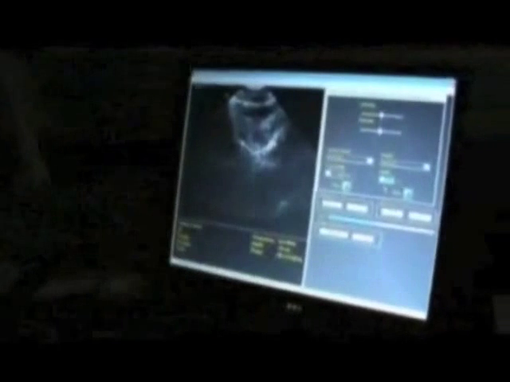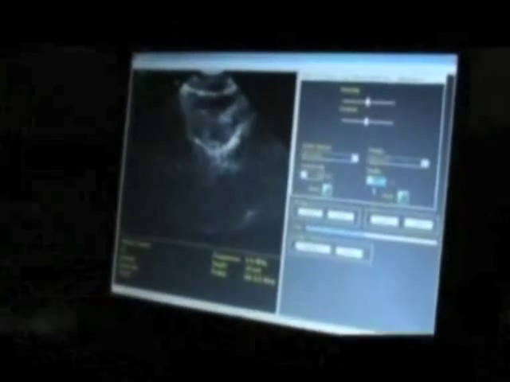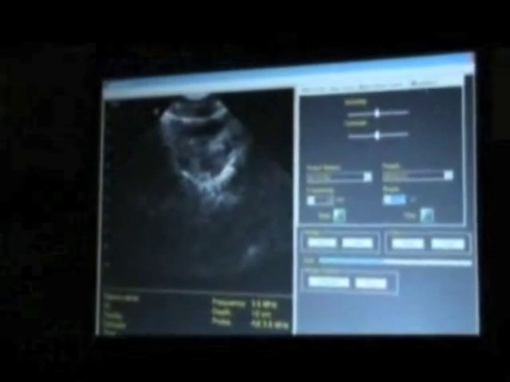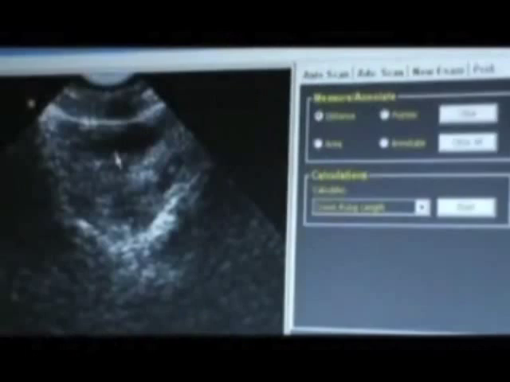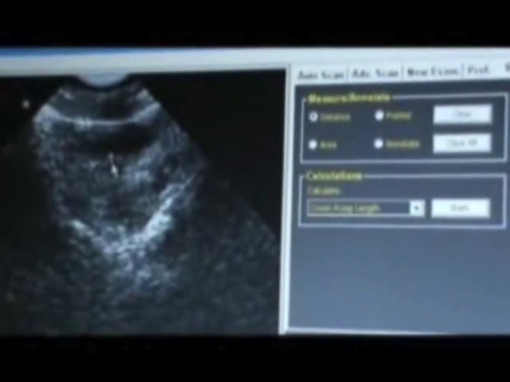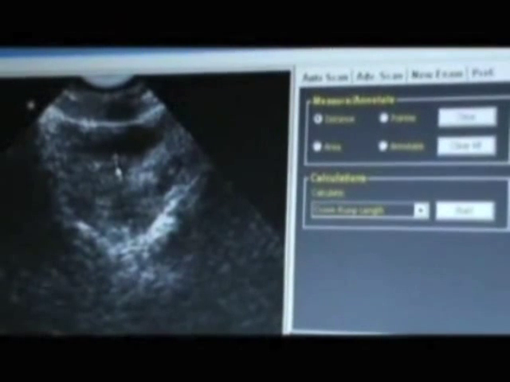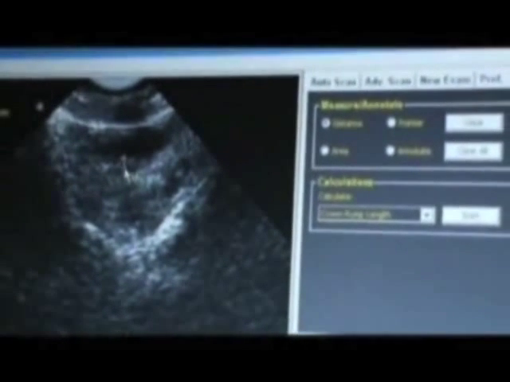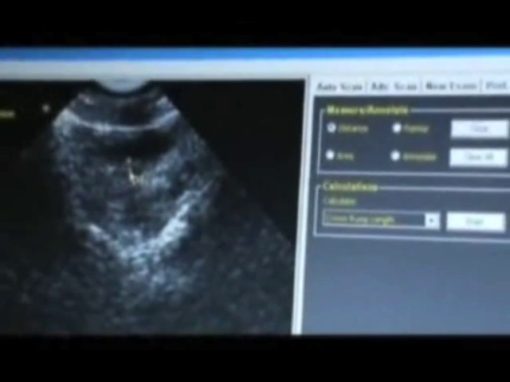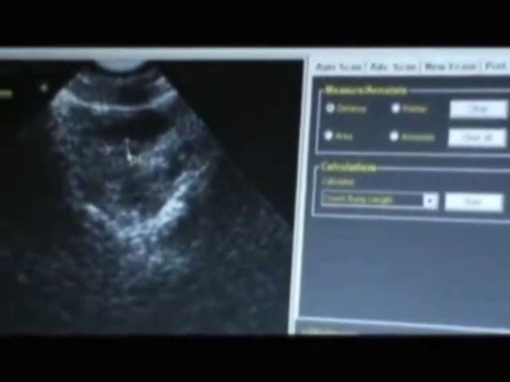So that's the back of the eyeball. This kind of black part here is this optic nerve. I'm going to do a couple of measurements now. So we've frozen the image. Now we're going to measure it. Yeah, so it's 3 millimeters.